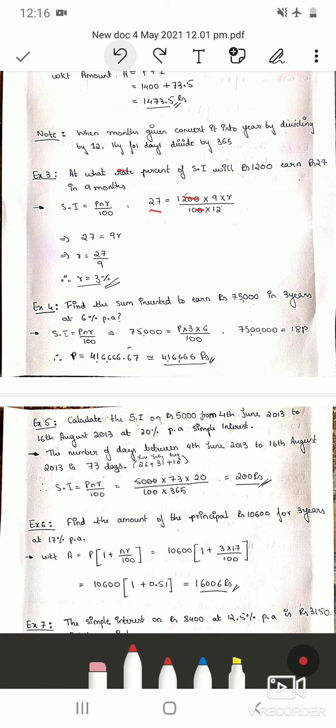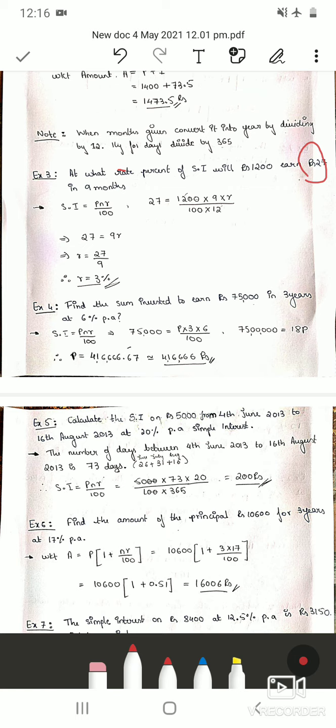The next question is, find the sum invested to earn rupees 75,000 in 3 years at 6% per annum. Understand the question. Here they have asked to find the sum invested to earn 75,000.